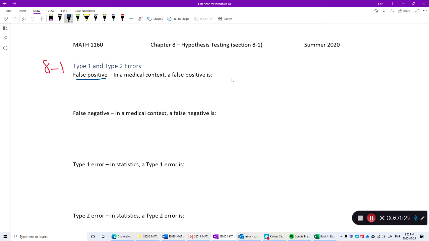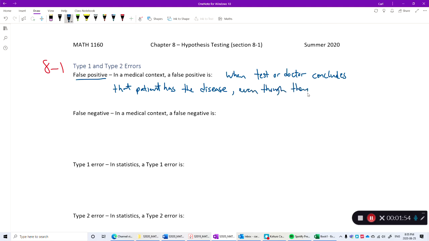A false positive is when the test or the doctor concludes that a patient has the disease, even though they don't. They actually don't. They don't have the disease.